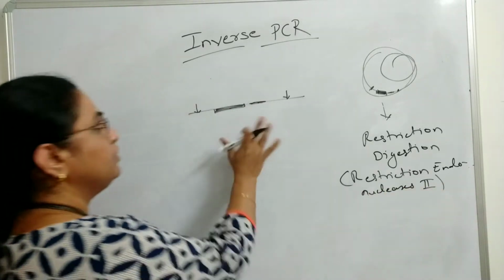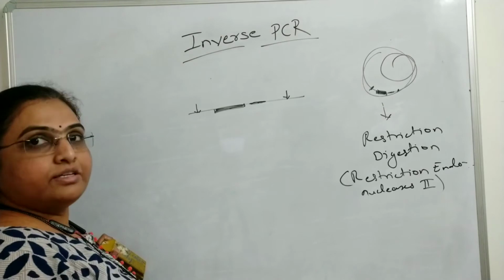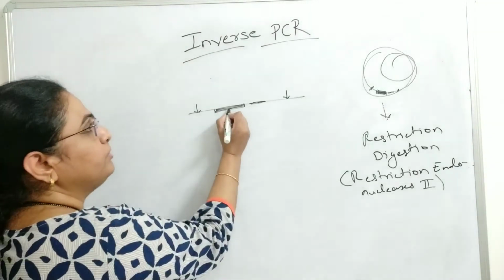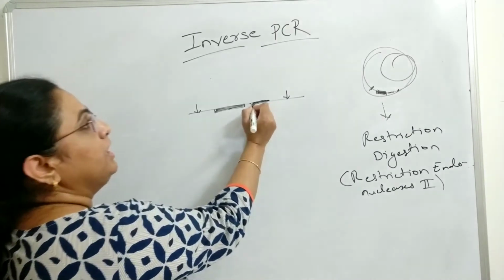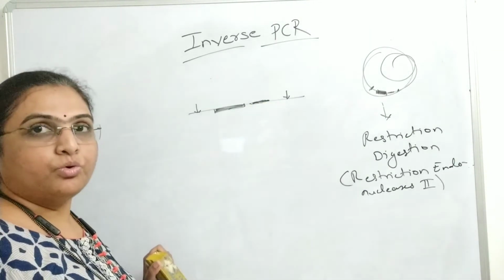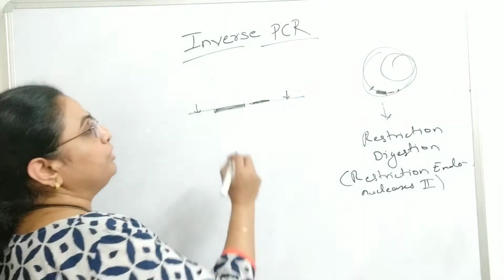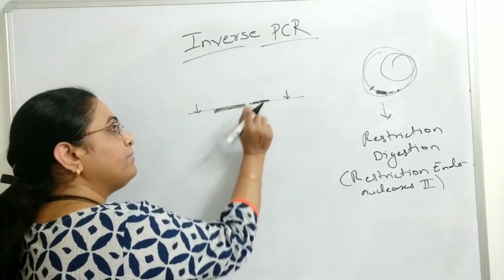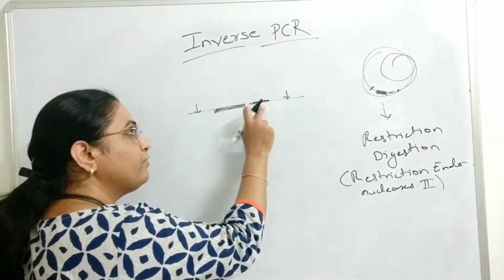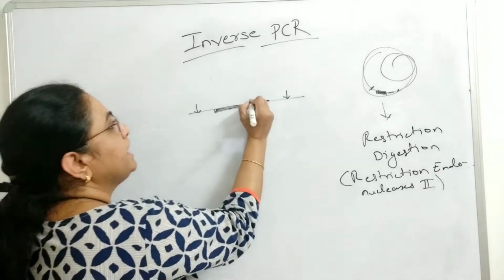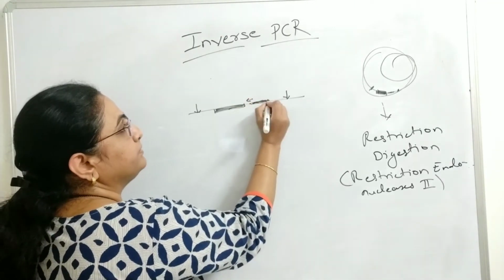Okay, so you have isolated the restriction fragment, which consists of the unknown DNA sequence together with the known DNA sequence. Now you have to design a primer. For whom is the primer going to be designed? For this known DNA sequence.